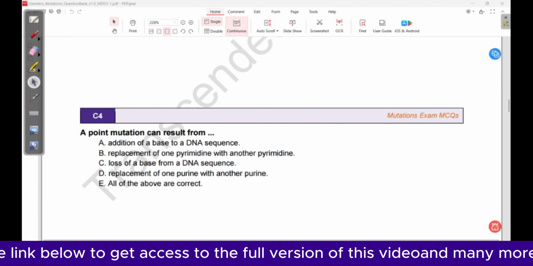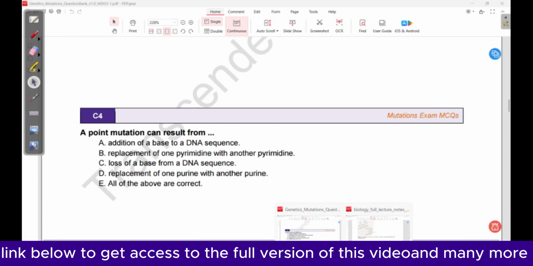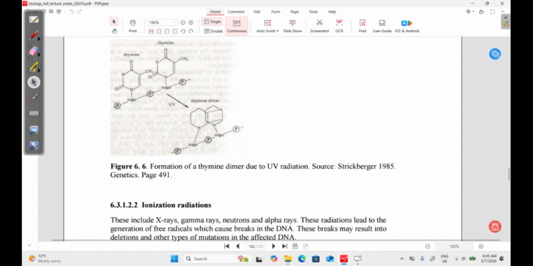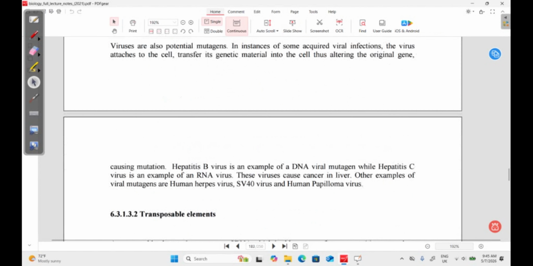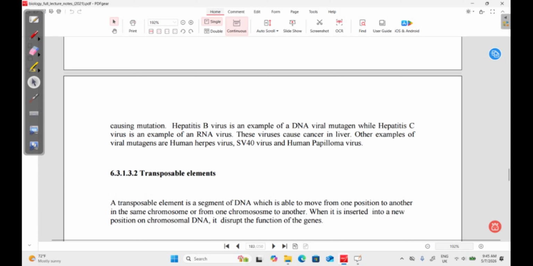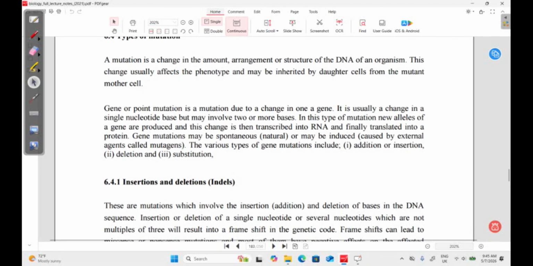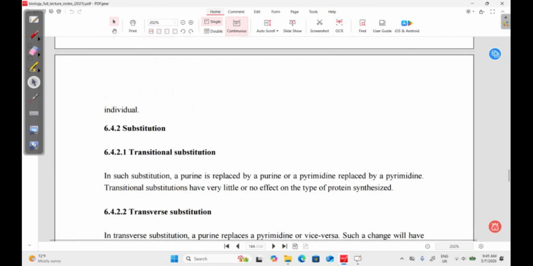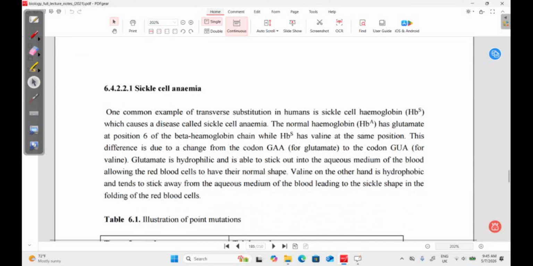Okay, so point mutation. So I'll take you back. Remember, I said I'm going to use the notes so that you can have this graphical picture. So we have different types of mutation. You have deletion, you have insertion like this one, then you have substitution.